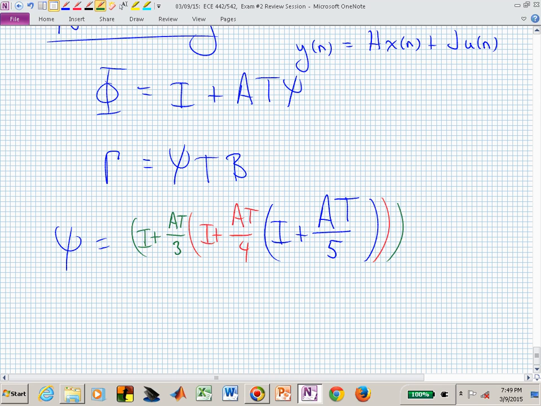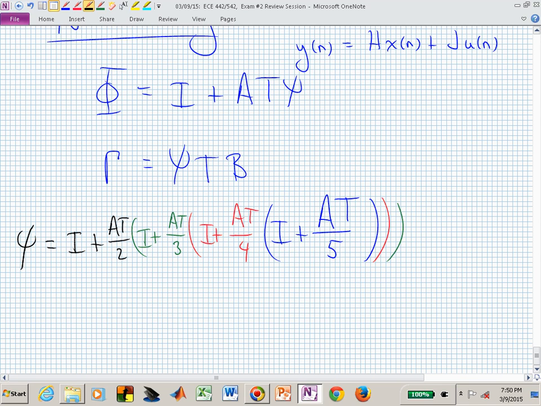Then I haven't yet run out of colors, but I'm running out of room, so let me erase that. I now scale that by AT over 2, and I now add that to I, and that's now my psi. So you need to pick a number, and then you sort of build from the inside out once you've picked that number.